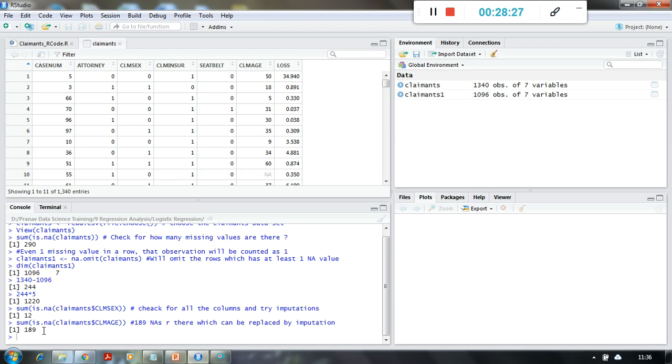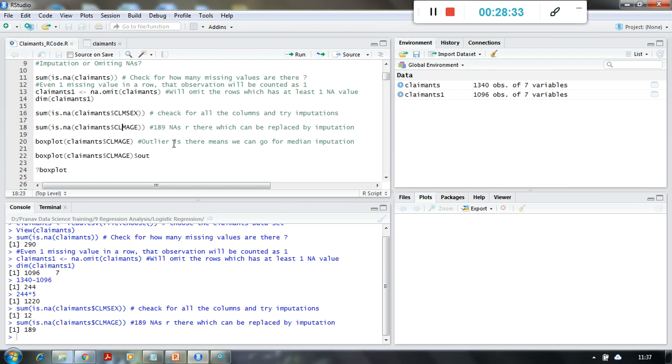So if there are more missing values, then we can go for median imputation, because if so many missing values are there, then the average is going to be damaged, right? But still I can go for either mean imputation or median imputation.